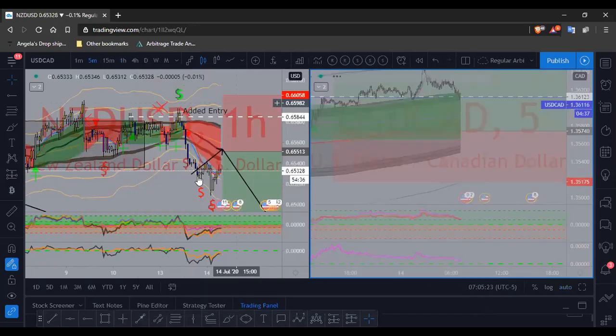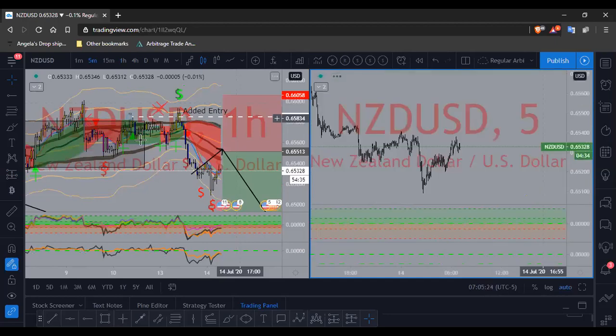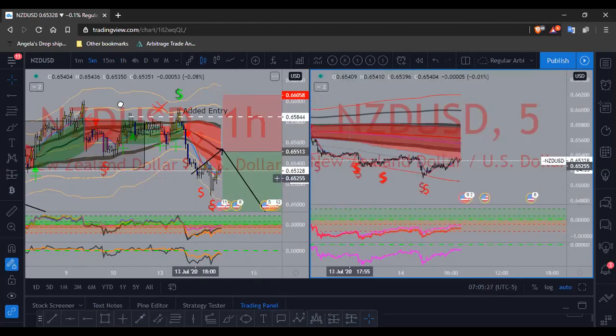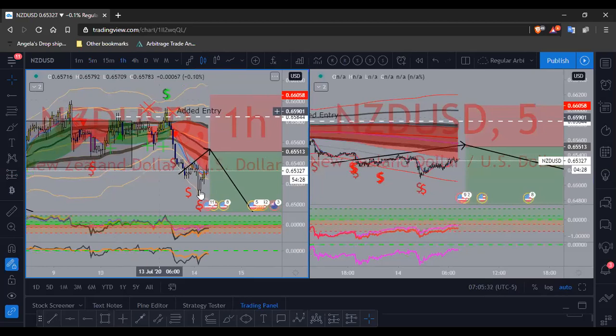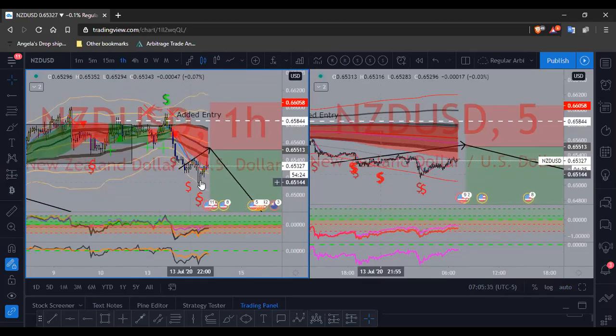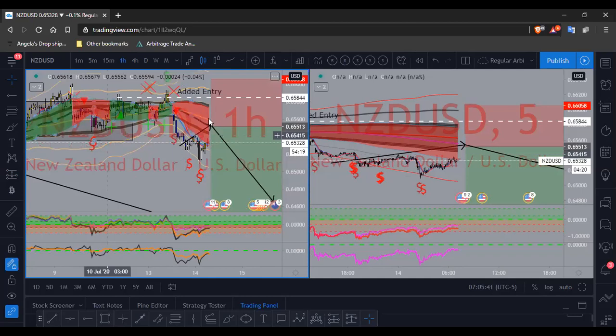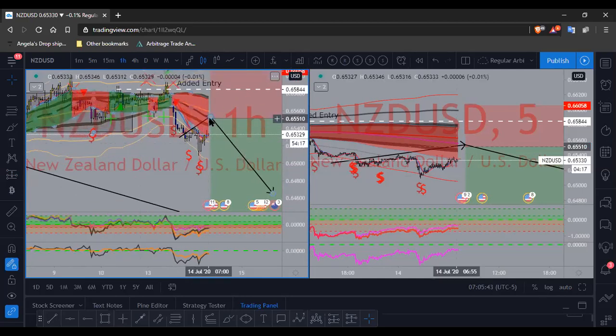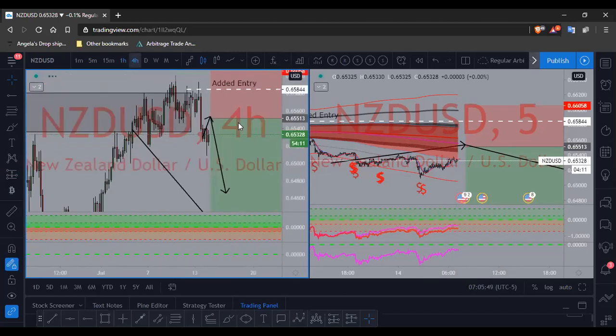Okay, so NU, I kind of have the same thing. I ended up taking more partials down here before I went to bed last night, if I'm not mistaken. Yeah, I went to bed late. But yeah, I definitely want to see price come back up, retest this RSI line, which I didn't even mean for that to happen because I was looking at the 4-hour time frame, but it just so happens that that's the 1 hour RSI line as well.